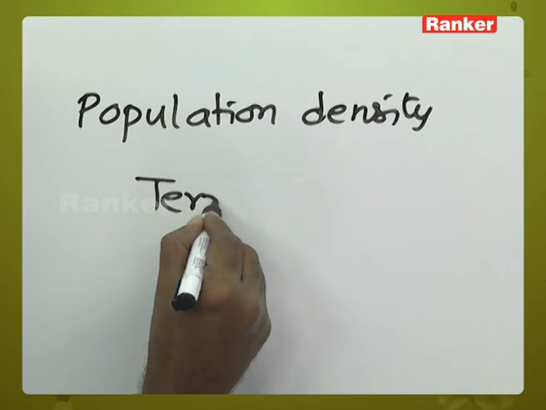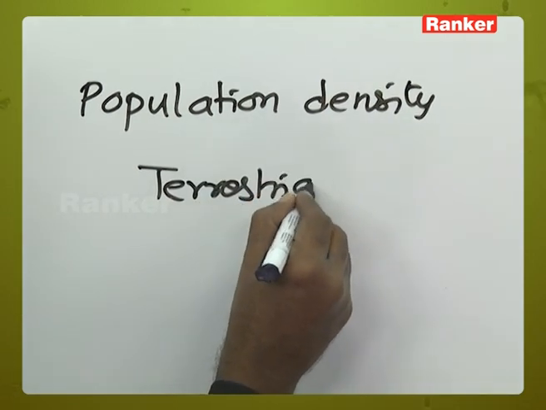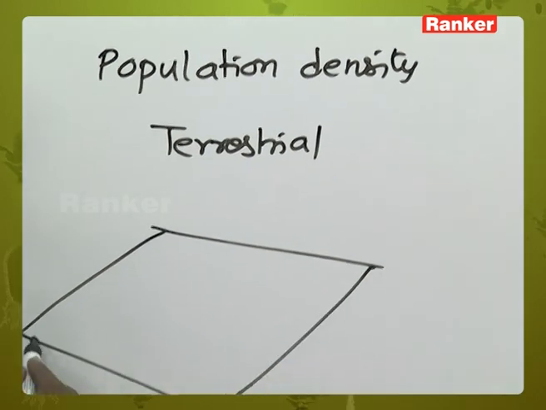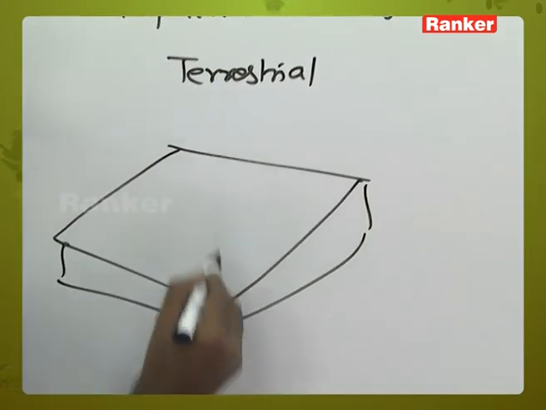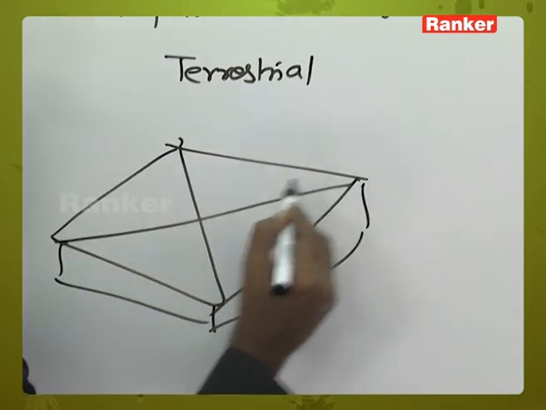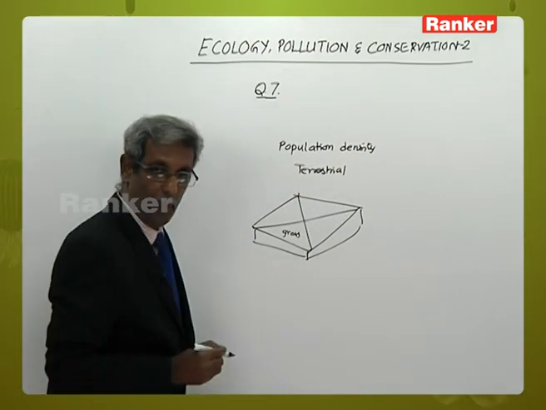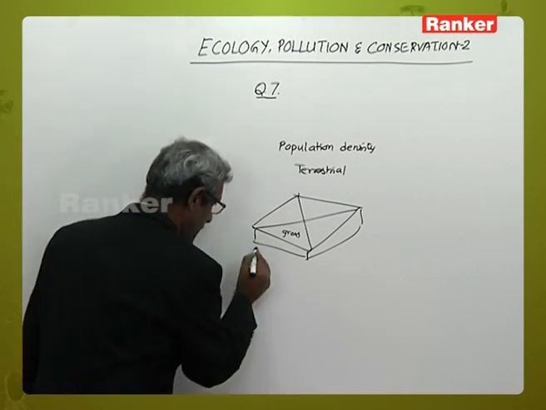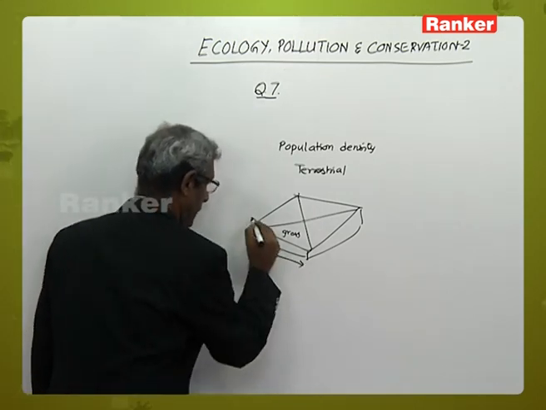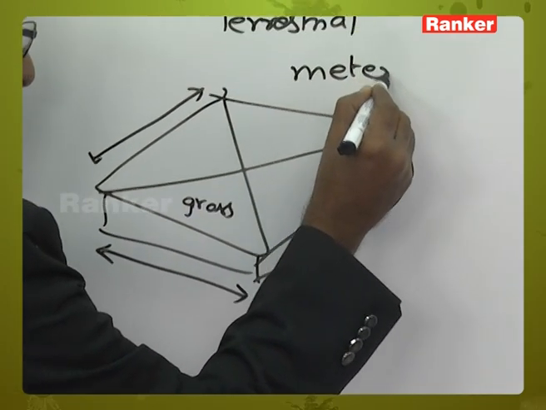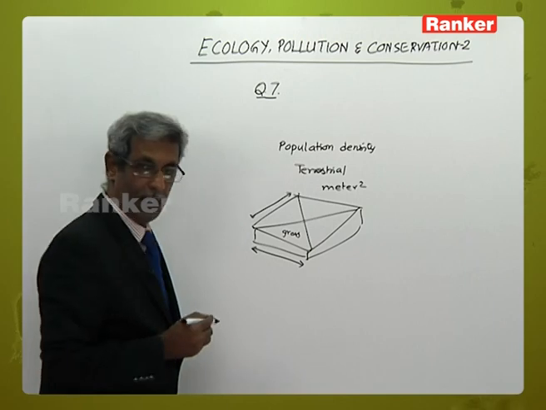of terrestrial organisms, like if you take grass, and we want to measure grass, we measure it in terms of meter square, that is a square meter.